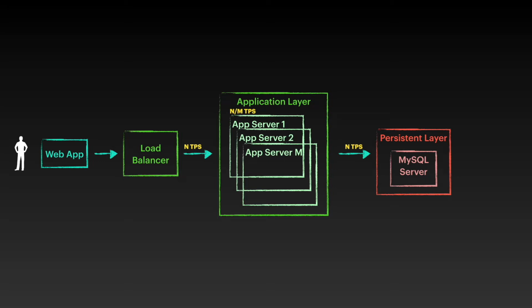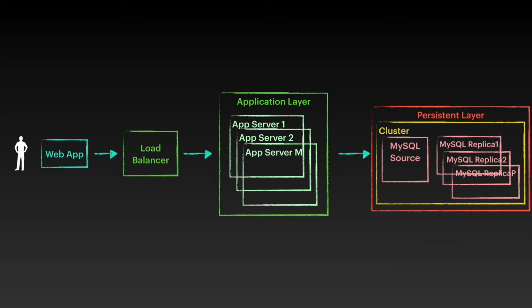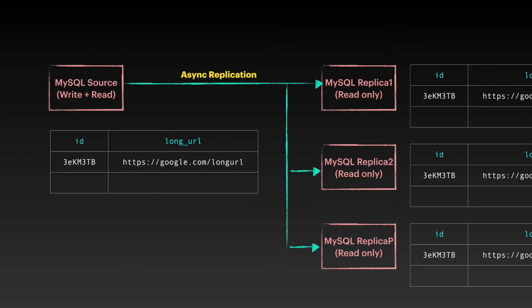To scale up the read requests, we can leverage MySQL cluster with source replica architecture, with one database server as source and multiple database servers as replicas of the source database. All the write requests that go to the source database will then be replicated across all replicas asynchronously.